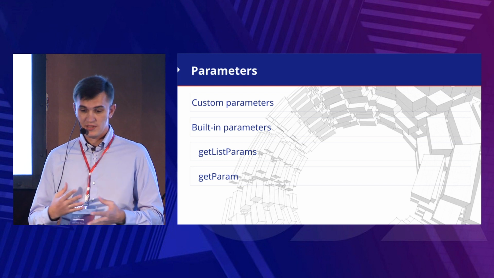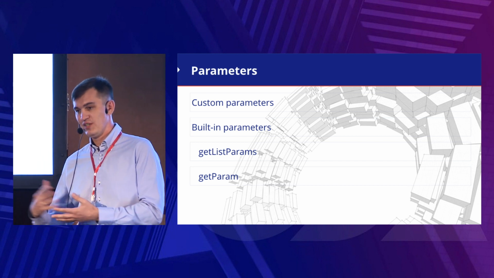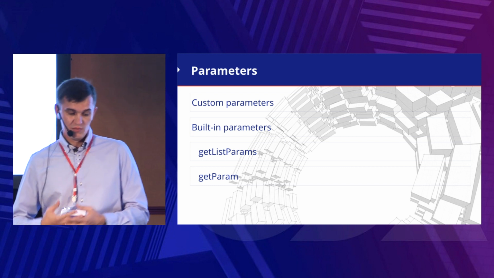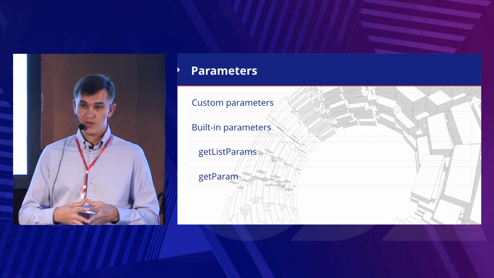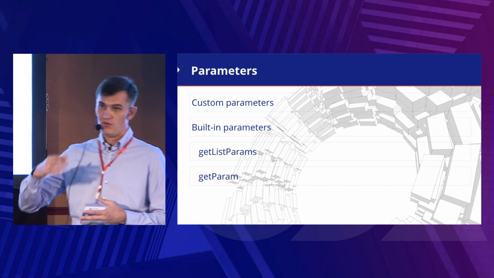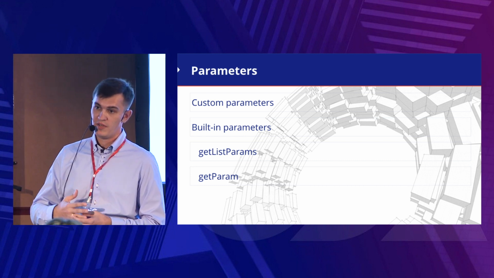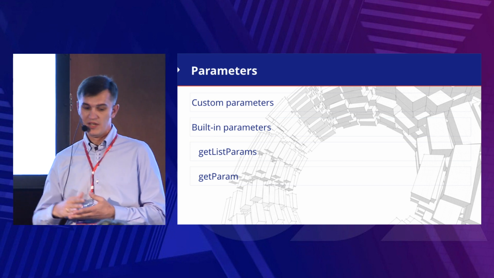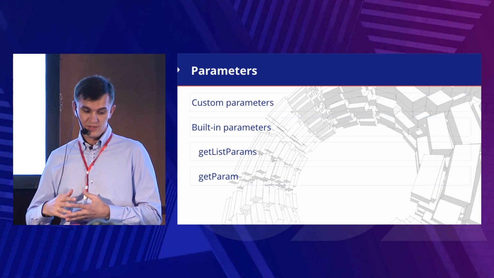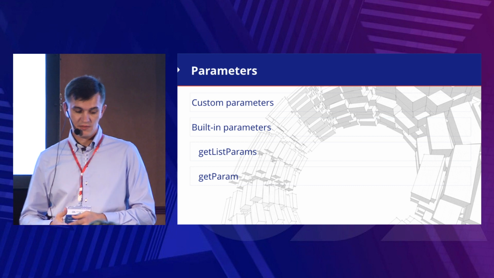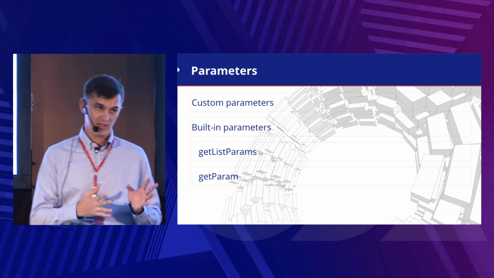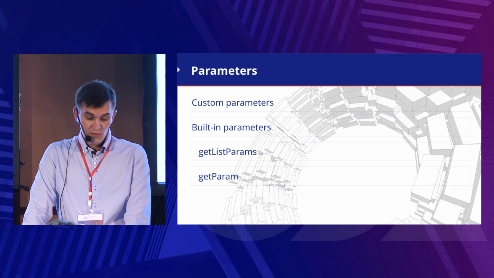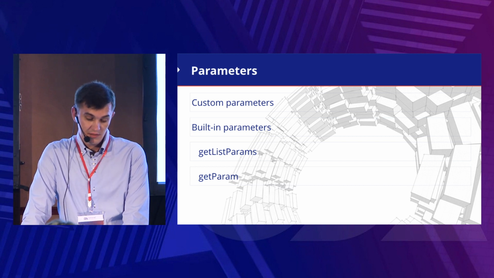So such parameters must be implemented in our code. We collect them on the fly. So we added the method getListParams, which collects all possible parameters for the element through the whole hierarchy of classes of this element, and it returns all parameters which are available for this element. And for each of them, you can also get the value for this parameter by the getParam method.